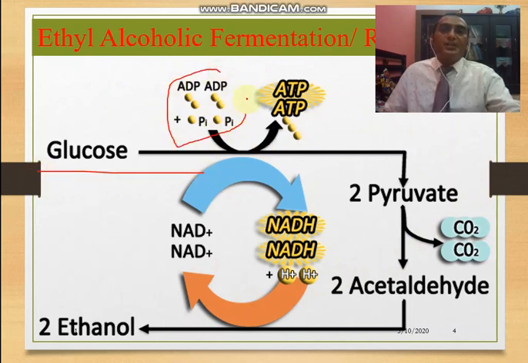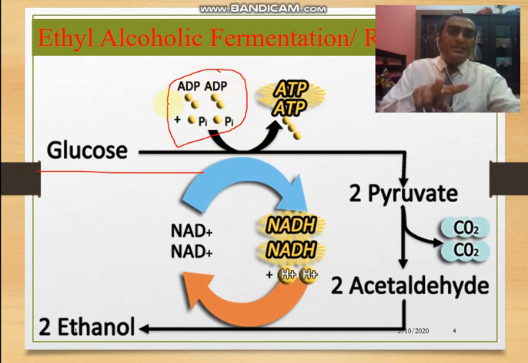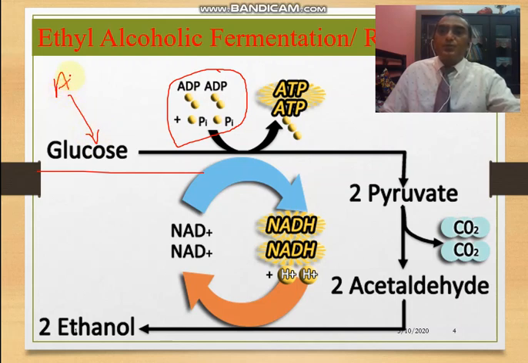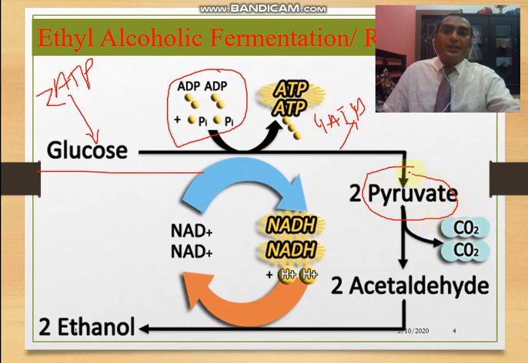It utilizes 2 ATPs and produces 4 ATPs by the help of glycolysis, and the result is pyruvate.